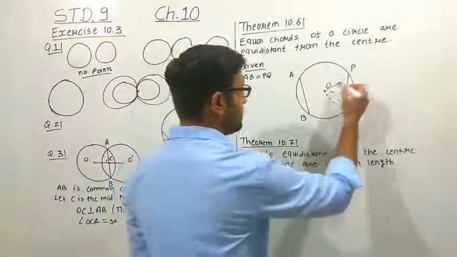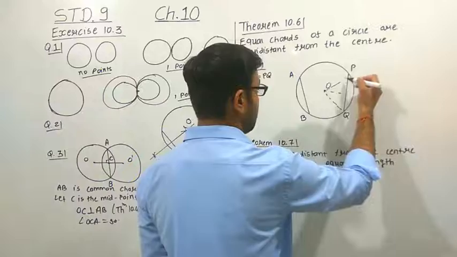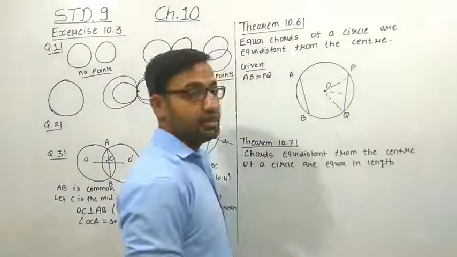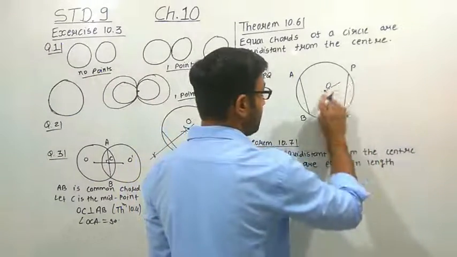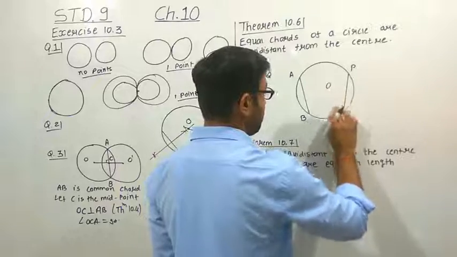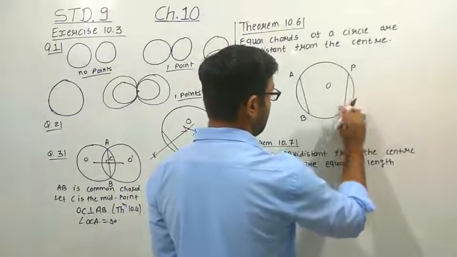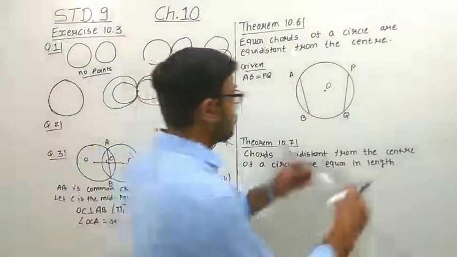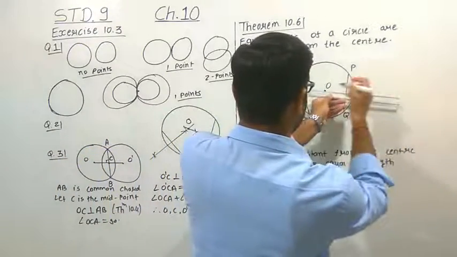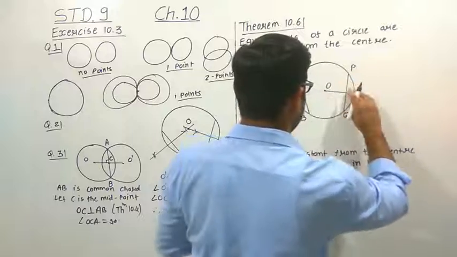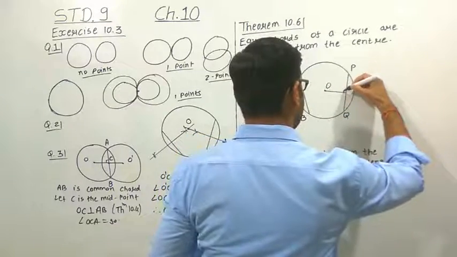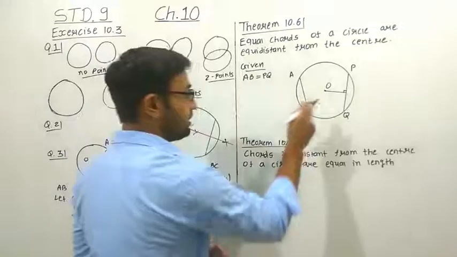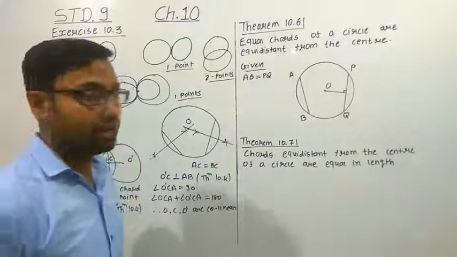We cannot take this distance because here it is not making a 90 degree angle. So we have to draw a line segment which makes a 90 degree angle. If we draw a line segment from here to here and it is making a 90 degree angle, then that is called the distance of the chord.